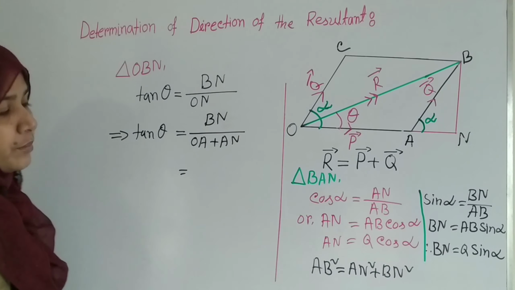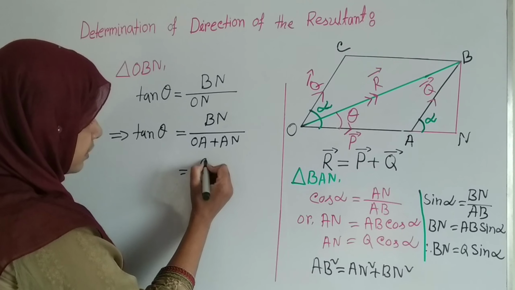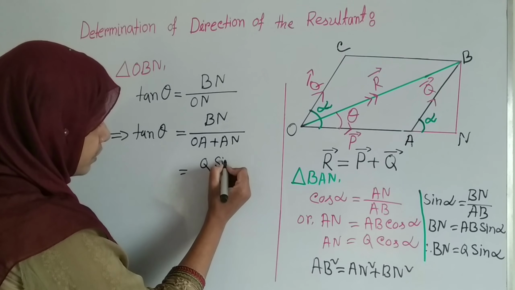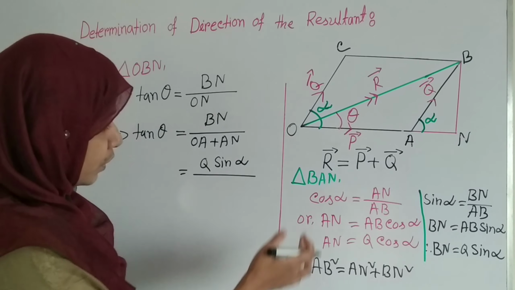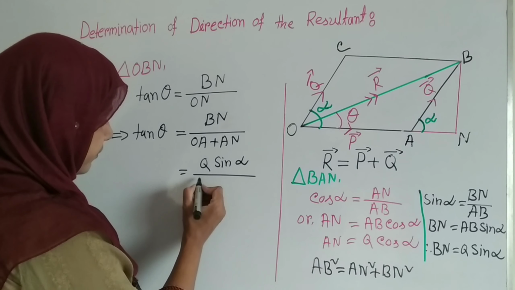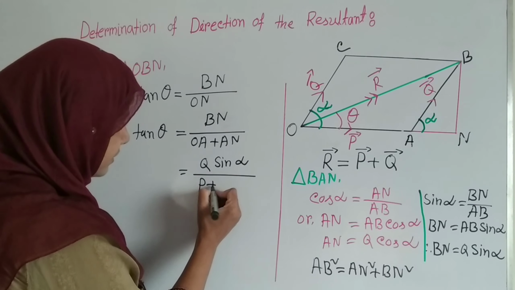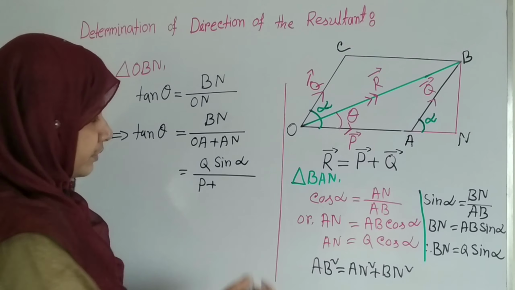Now BN means Q sin alpha, OA means the vector P, plus AN means Q cos alpha.